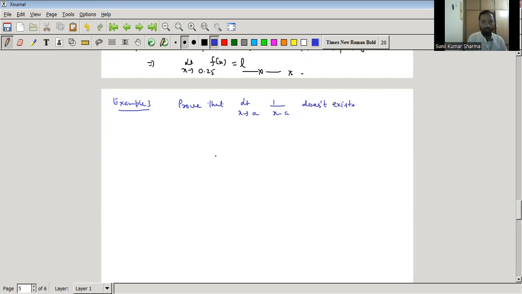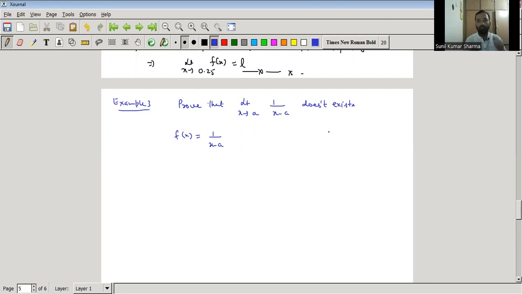So here f(x) is equal to 1 upon x minus a. So we use article number 4 to prove this. What we do, we take any two points x1, x2 in the neighborhood of point a. That means x1 and x2 lie in between a minus delta and a plus delta.